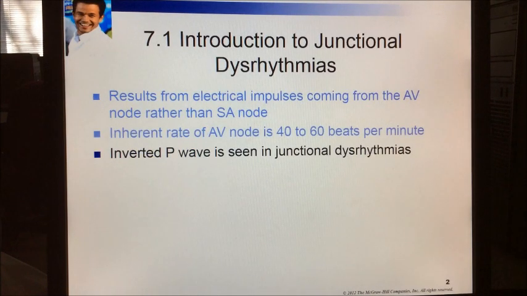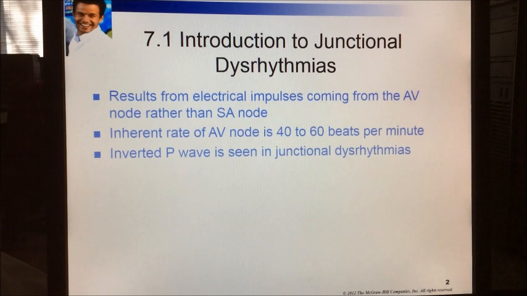Wahlberg up there. So, normal heart rate is 60 to 100, and that's when the impulses start in the SA node. However, we are focusing today on impulses that start in the AV node. Because it's starting in the AV node, it's slower. So the heart rate is going to be 40 to 60 instead, whereas before it was 60 to 100.